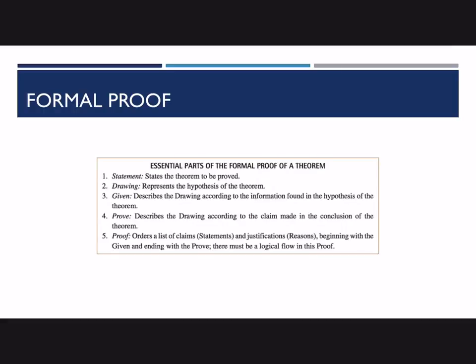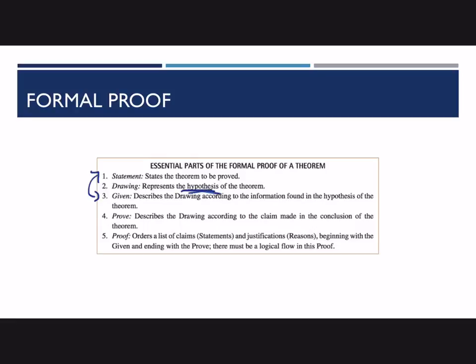And then the last thing I wanted to mention, this is from section 1.7. It gives you the essential parts of the formal proof of a theorem. So we've already talked about the fact that the statement is different than the given. The statement, you're just going to, in general, state this theorem. In the given, the drawing, you're going to make it specific.